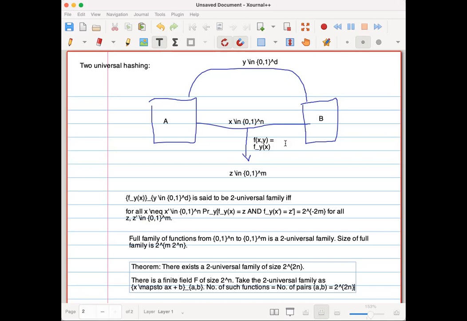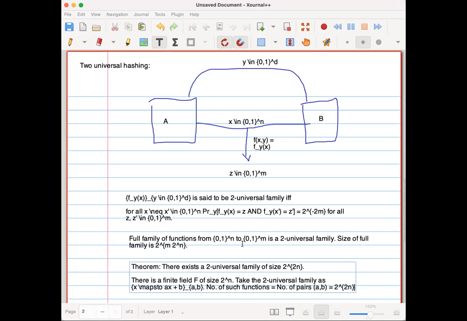This whole construction would work with a completely random function, but it works with any two universal family. I'm just giving you a two universal family of smaller size. When you see the proof, all you will see is the requirement that the family be two universal. So what is the protocol?